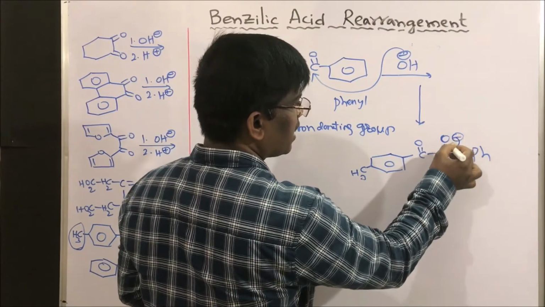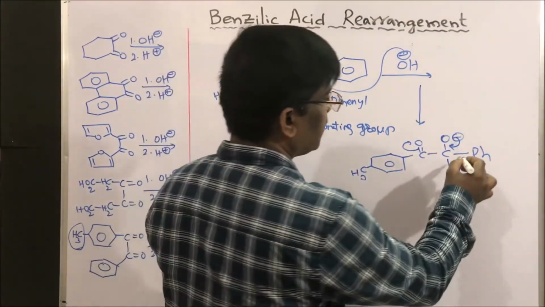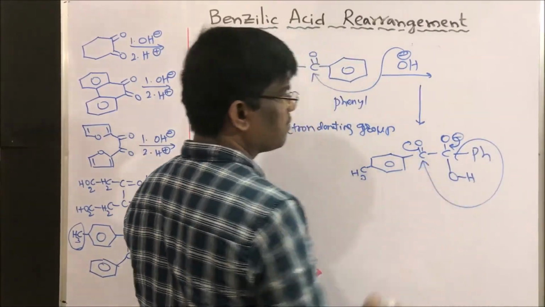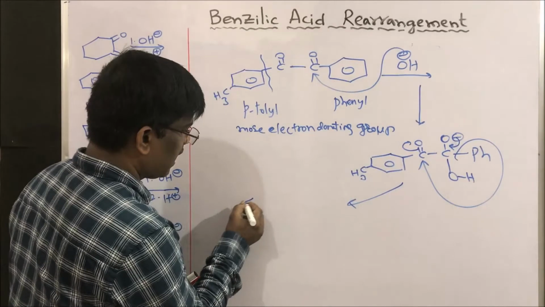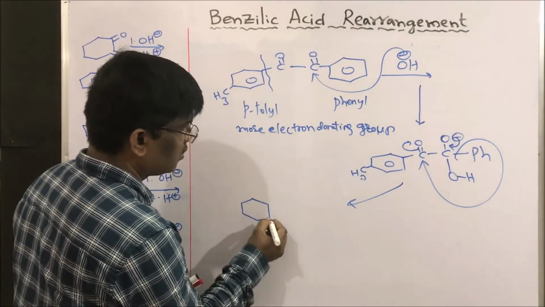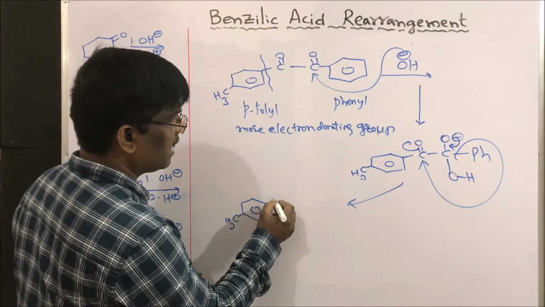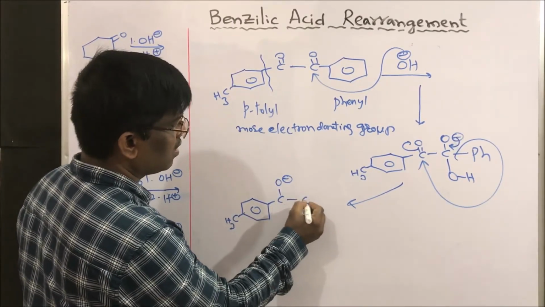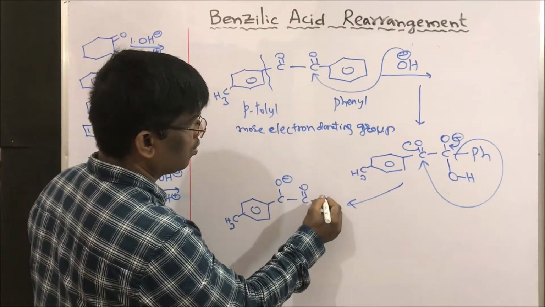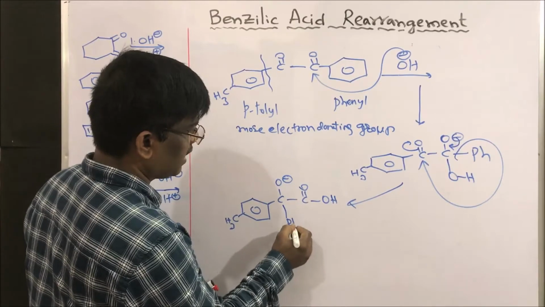When this is coming here, it will accommodate, or this polarization takes place, and this phenyl ring comes and rearranges to here to give tolyl, here tolyl and O minus, double bond O, OH, and this is phenyl.